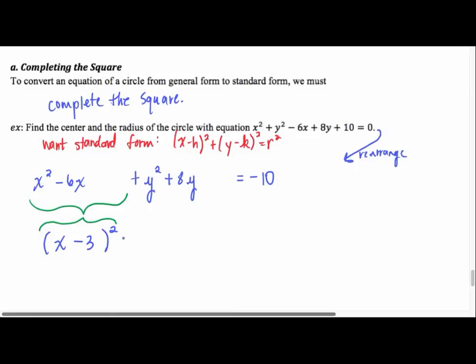Right, so we have to add that in. In order to rewrite these x's like this, we have to add a plus 9 here so that it factors into x minus 3 all squared. Okay, so we're going to add a plus 9. Now, if you add 9 to one side of an equation, what do you have to do to the other side to balance it? Also add 9, right? So let's put a plus 9 also on the right side.